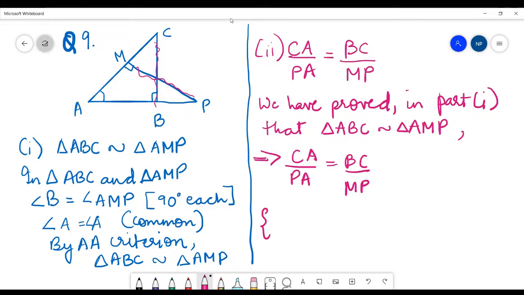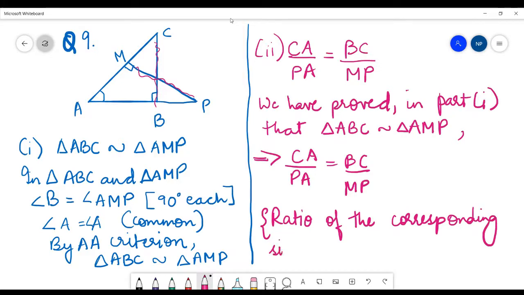Reason being the ratio of the corresponding sides of similar triangles. This is the criteria, isn't it? If you look in your books, I will tell you the page number as well.